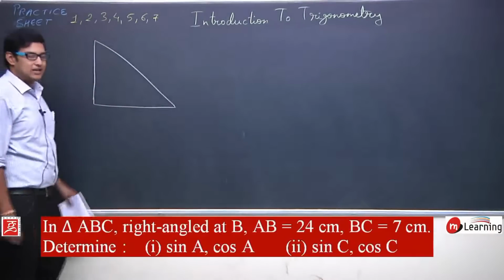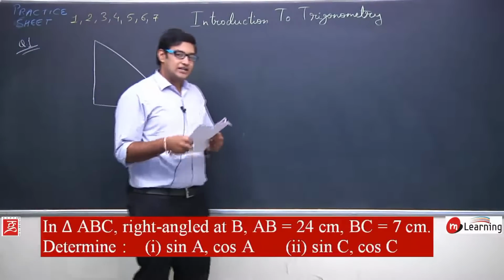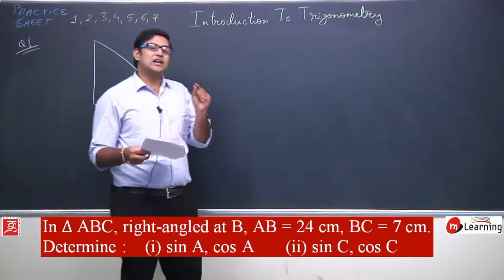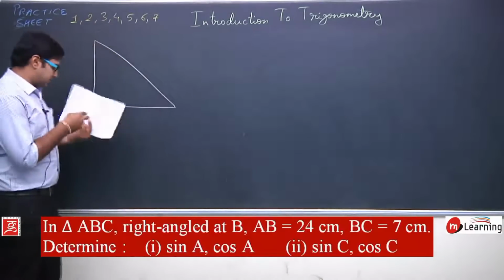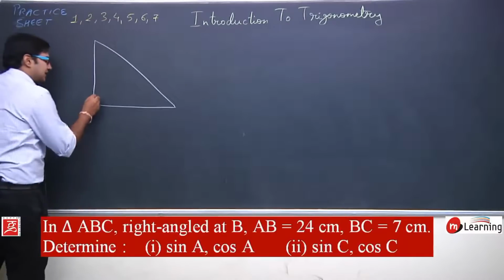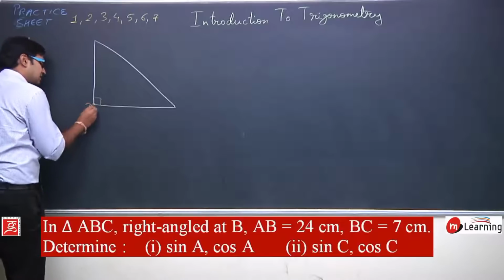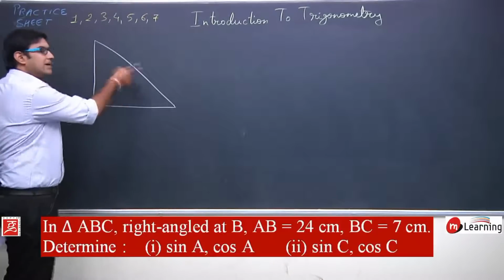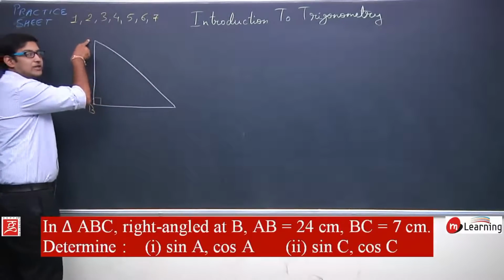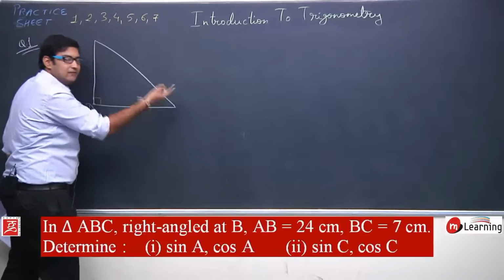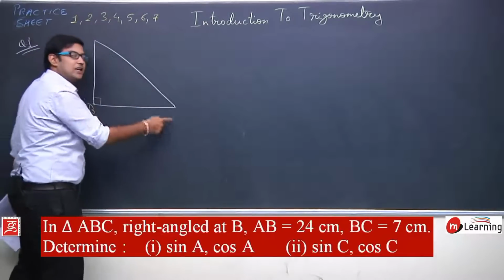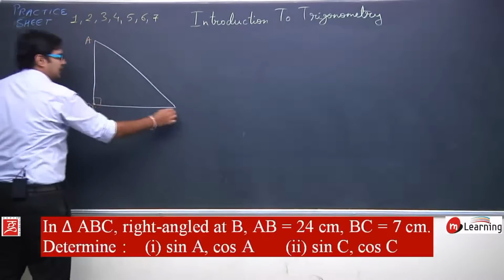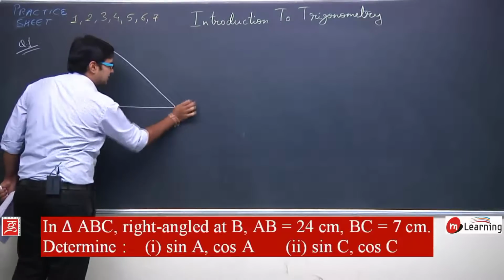So this is a right angled triangle and the name of the triangle is ABC. But a condition is given that it is right angled at B. It means this 90 degree angle is B. Now A and C we can arrange anywhere. If you want, write A here and C here, and if you want C here and A here, it makes no difference. So I will consider this as A and this as C.